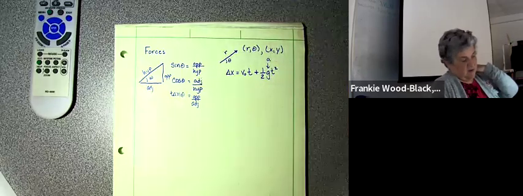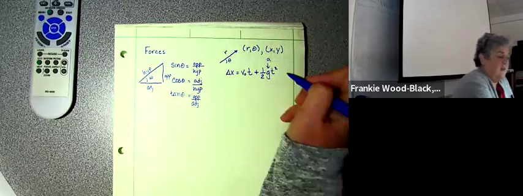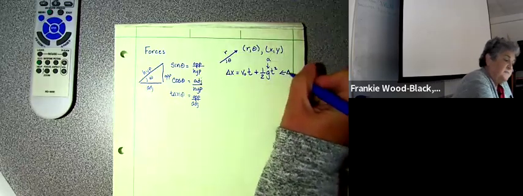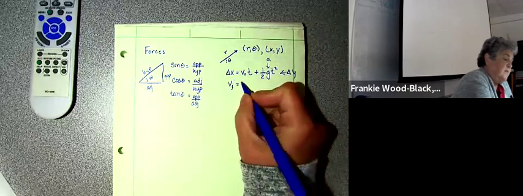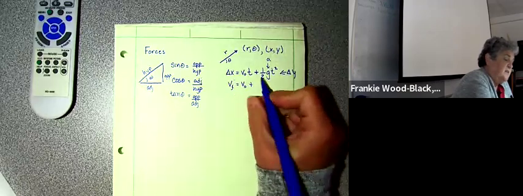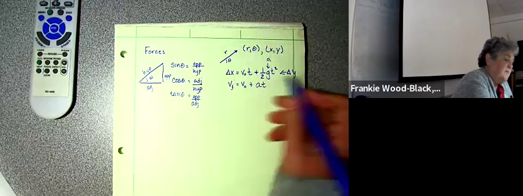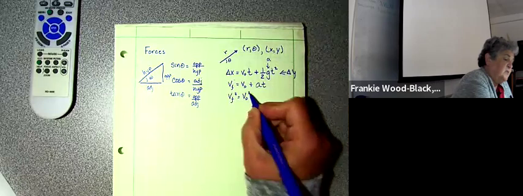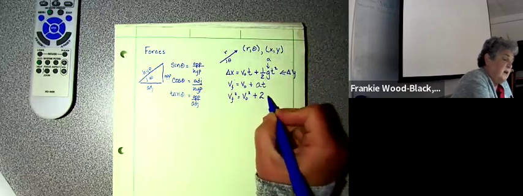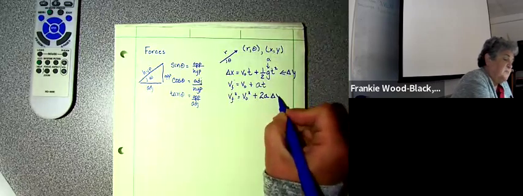Usually we have a gravity or acceleration, so this one would be if I'm dealing with a y. I have my v final is equal to my v initial plus my acceleration times time. I have my v final squared is equal to my v initial squared plus 2 times my acceleration times my change in position.